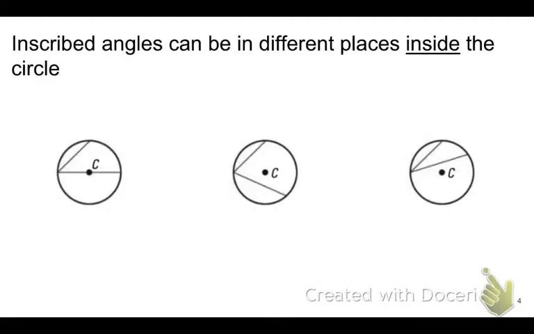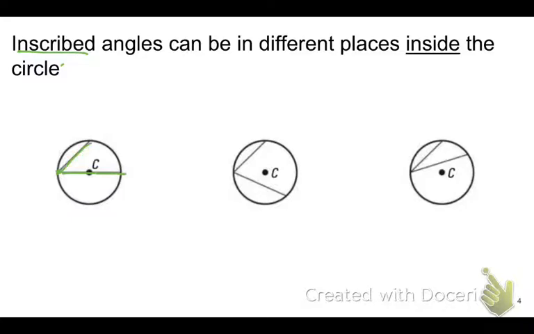Now I want you to notice a few things about these inscribed angles. All 3 circles have an inscribed angle inside of them. Notice that the vertex is on the edge and its sides are chords.